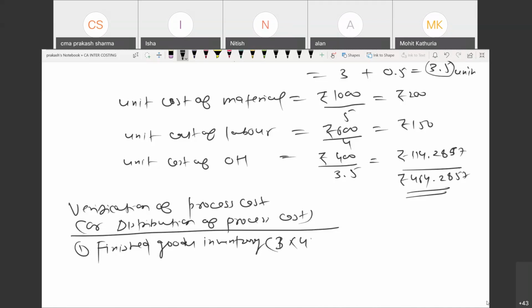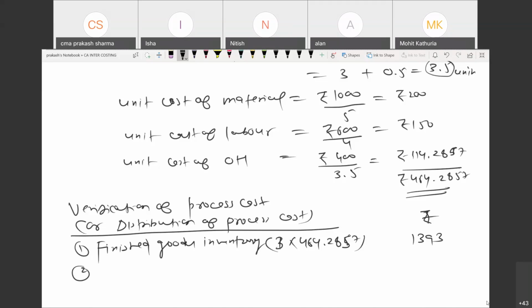So 3 into 464.2857. Okay sir, this is the rate of one complete unit. So 464.2857 multiplied by 3, it becomes 1392.8. So I am rounding off here 1393 sir.